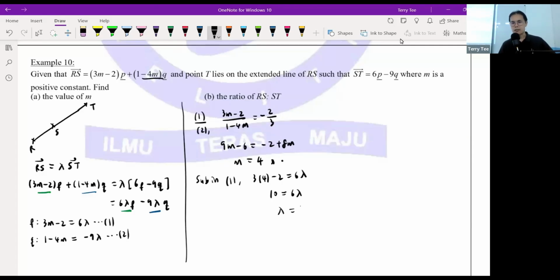My lambda is 10 over 6 or 5 over 3. And we're finding the ratio of RS:ST. So RS equals 5 over 3 ST. RS:ST will be 5 over 3. The ratio is 5:3.